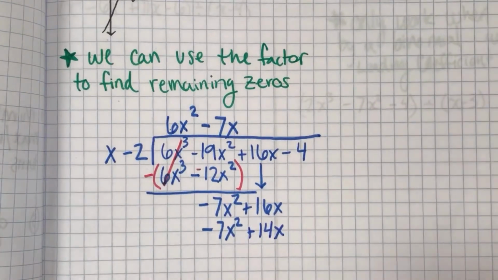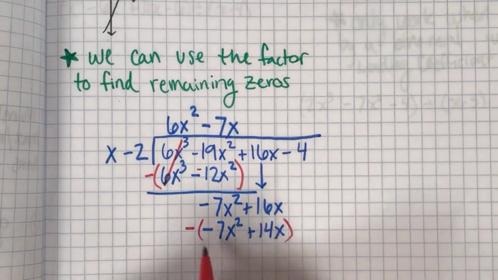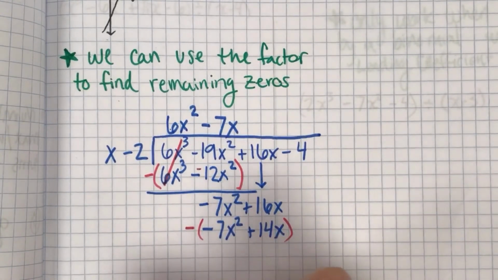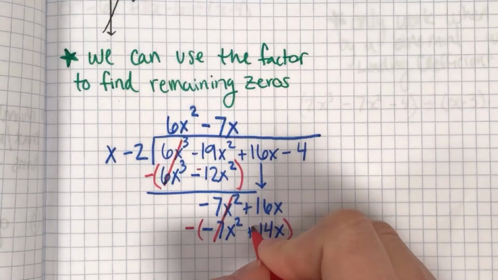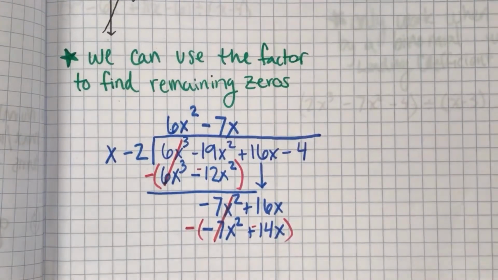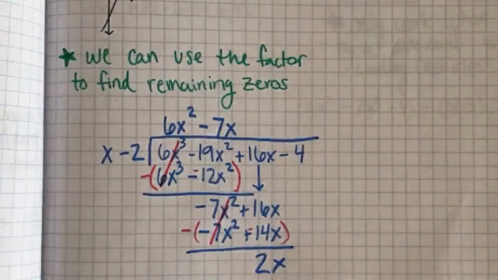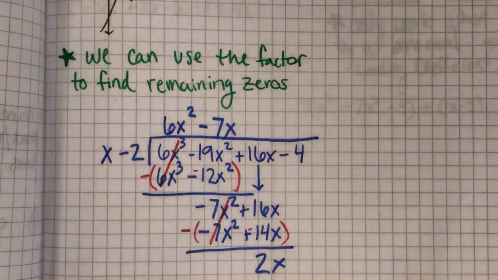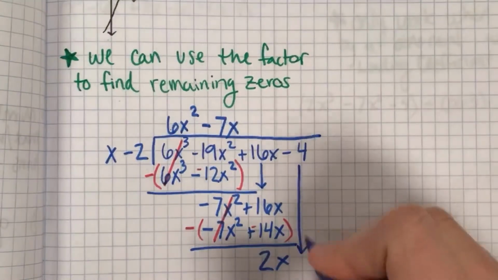All right, and now I subtract my entire polynomial. Those are going to cancel out. This becomes a minus, and I am left with 2x. And then I will drop down my minus 4.